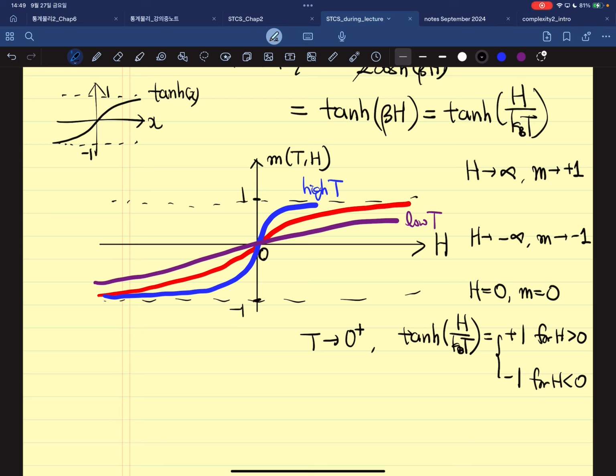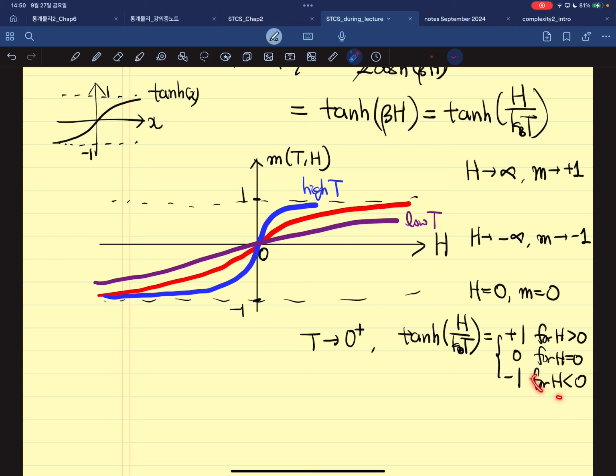If h is exactly 0, then it can be 0, because this is a limit and this is exact. So it only takes 3 values.